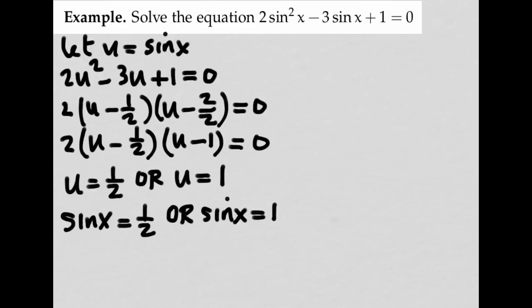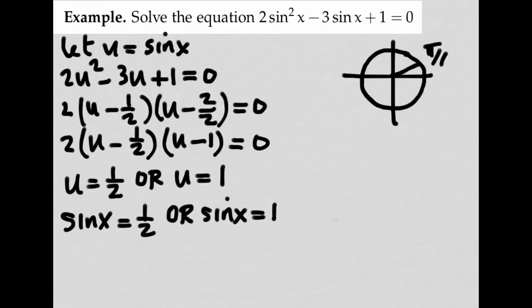Let's find out the angles for which sine equals 1 half. There are two angles within the period of sine x, which is from 0 to 2 pi, for which the sine is 1 half, namely pi over 6 and 5 pi over 6.